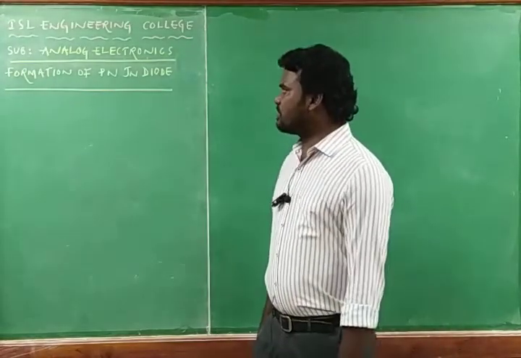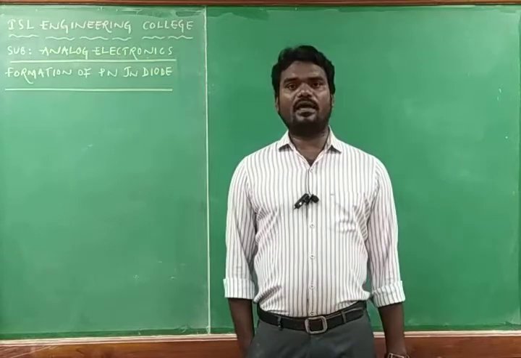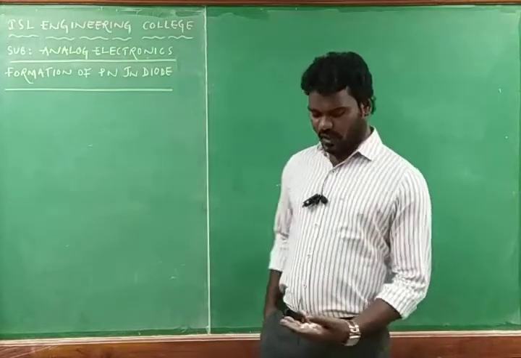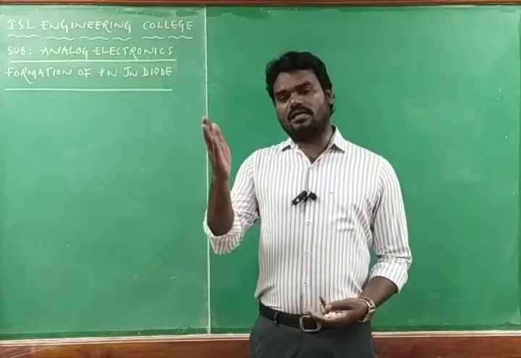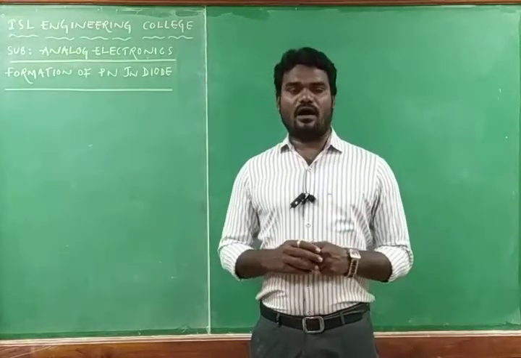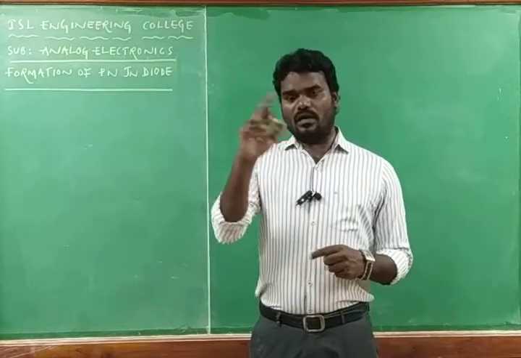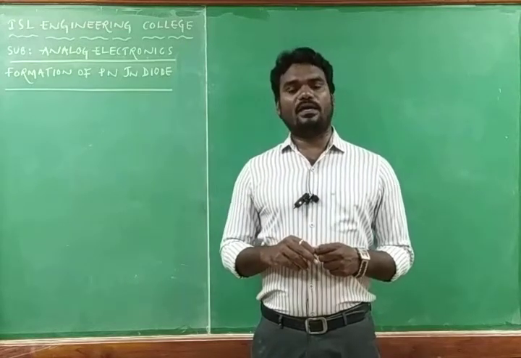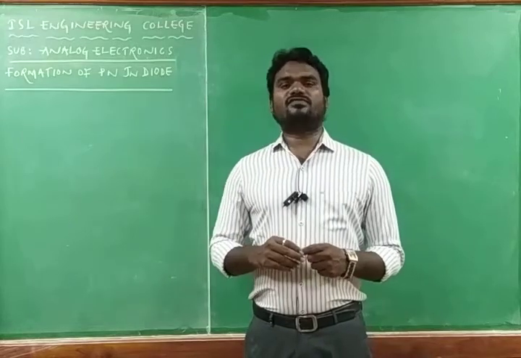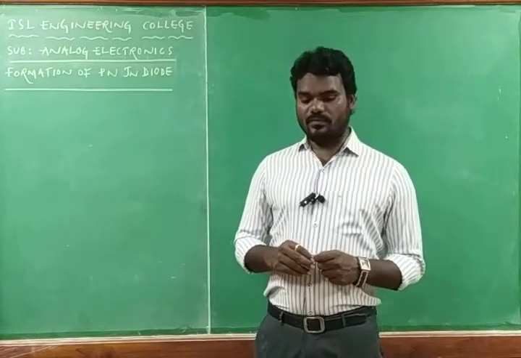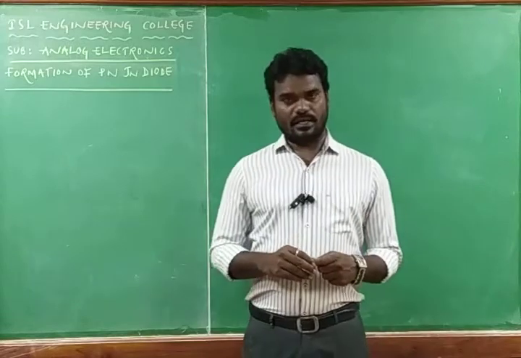Here we have to discuss the p-n junction diode. That means what? On a silicon wafer, by dividing that wafer into two equal halves, in one half we form the p-type semiconductor material, and in the other half we form the n-type semiconductor material.